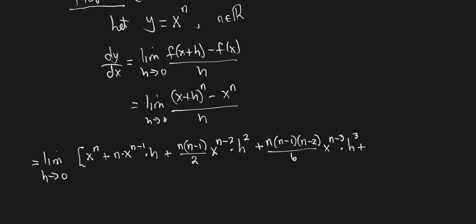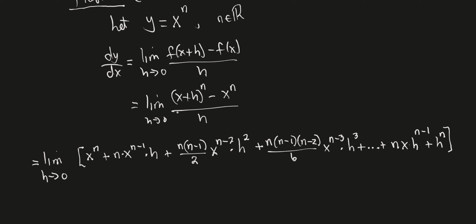And then this pattern is going to go on, dot, dot, dot, until we end up with n times x times h to the power n minus 1, and then finally plus h to the power n. So all of that is the expansion of (x plus h) to the n.